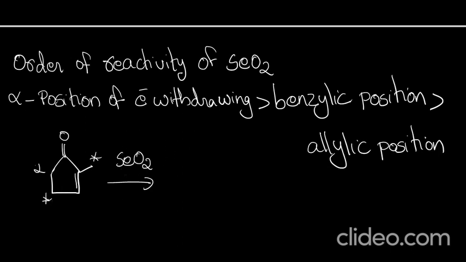According to the order of reactivity of selenium dioxide oxidation, the alpha position of the electron withdrawing substituent gets oxidized into a carbonyl function, and we get a product like this compound. This will be the product. That's about selenium dioxide oxidation.